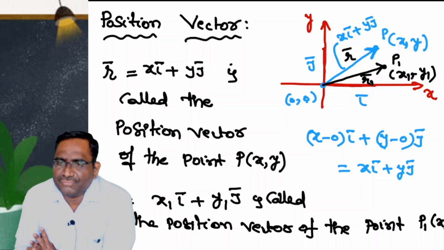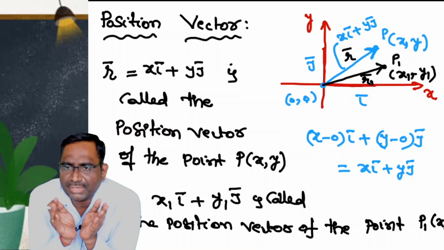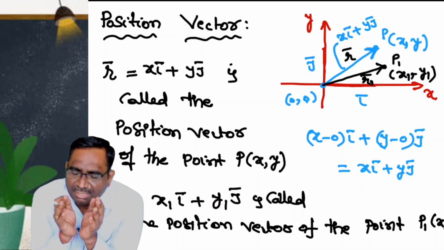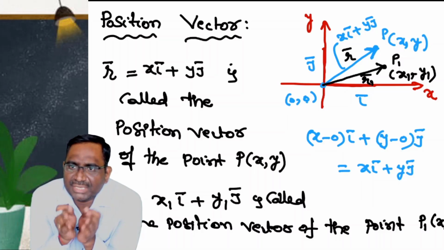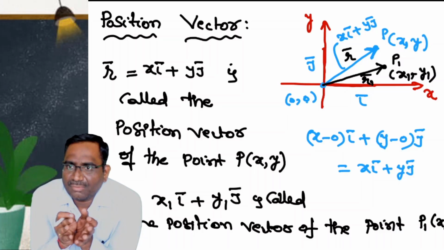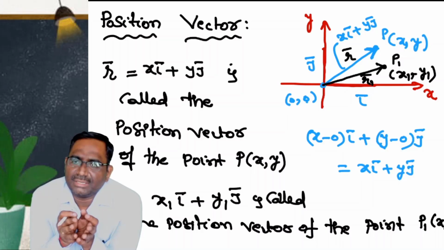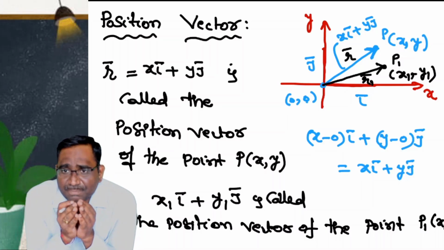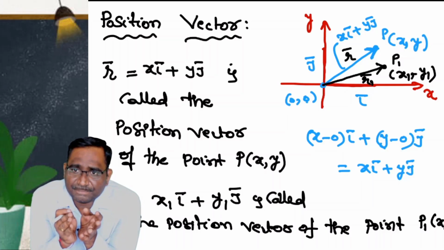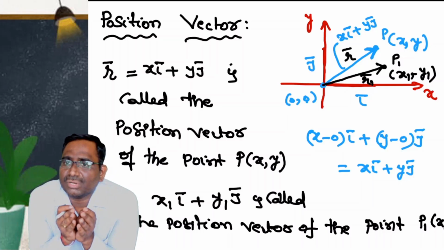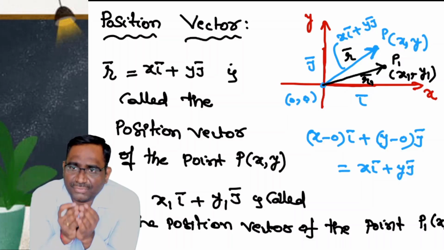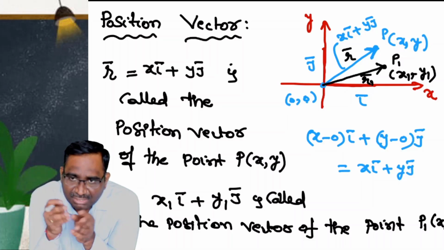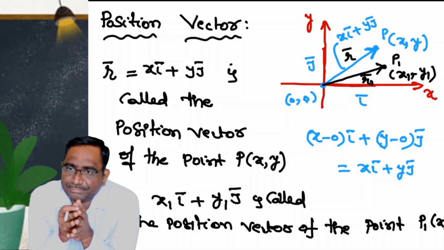So this tells where the point is located in the plane, what is the position of the point, and what is the direction. Here the most important thing is that when we calculate the position vector, the tail of the vector must be the origin.